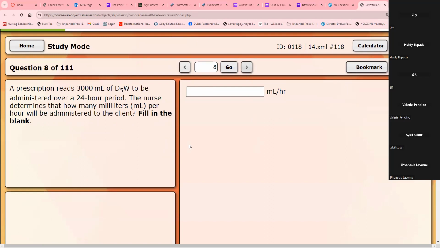Okay, calculate this one. 125 mLs per hour.